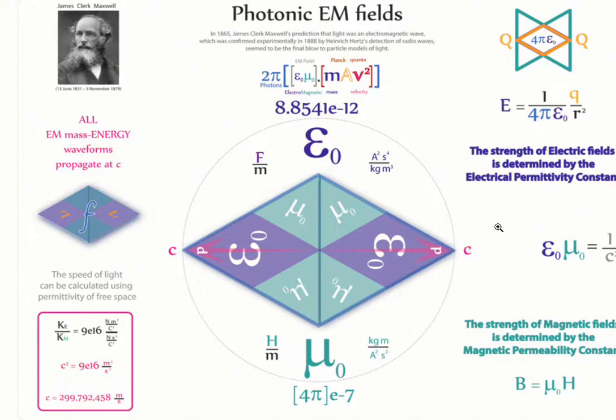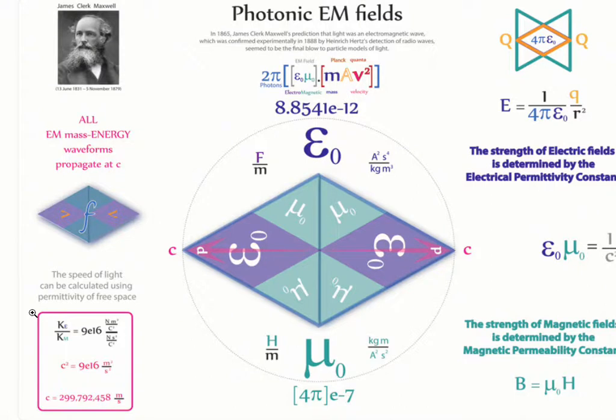And that was the first indication for Maxwell, using the electromagnetic field and the calculation of the electric and the magnetic permittivity and permeability, that light itself was an electromagnetic wave. And you can see that calculation quickly down at this corner here in the bottom left.